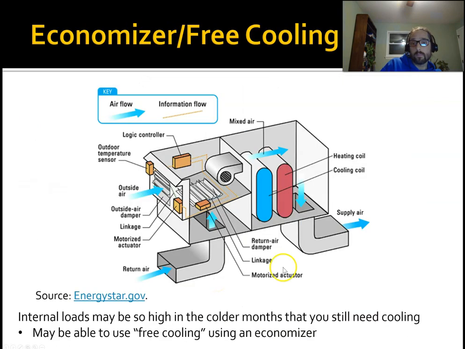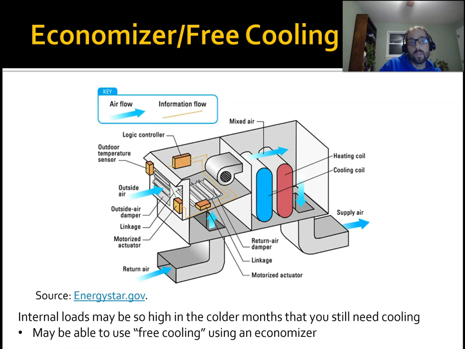Another way to reduce your cooling load is through what's called an economizer, or free cooling. As it turns out, in commercial buildings in particular, even when it's cold out, because you have so many internal loads, like a lot of people and electronics and computers, it's not uncommon that if it's cold outside, you're still cooling inside because there's so much heat being generated by all the people and all the activity and all the equipment.